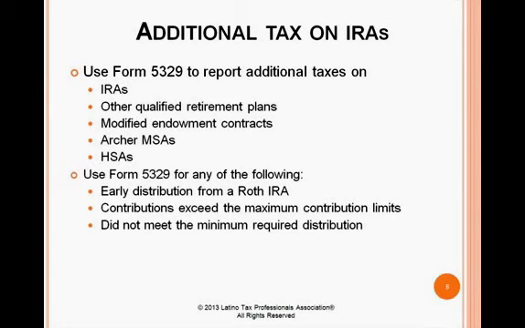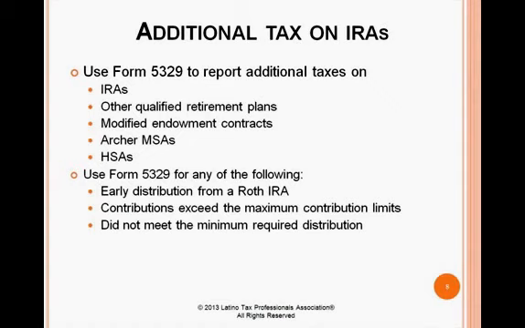Now, there are instances where you may pay an additional tax on IRAs. We discussed this in previous chapters. You would use Form 5329 to report additional taxes on IRAs or other qualified retirement plans. Perhaps you have modified endowment contracts, Archer MSAs, or HSAs. Generally, you will get a client who, perhaps as a 25-year-old, needed to pull their money out of their 401k.